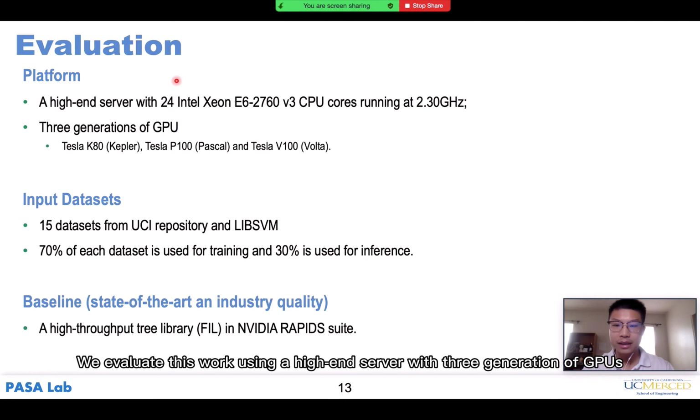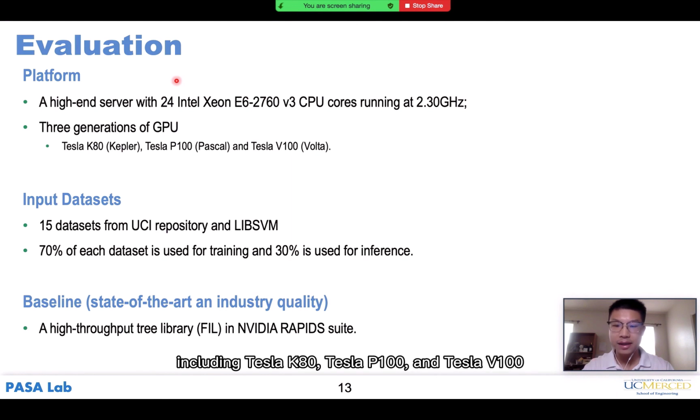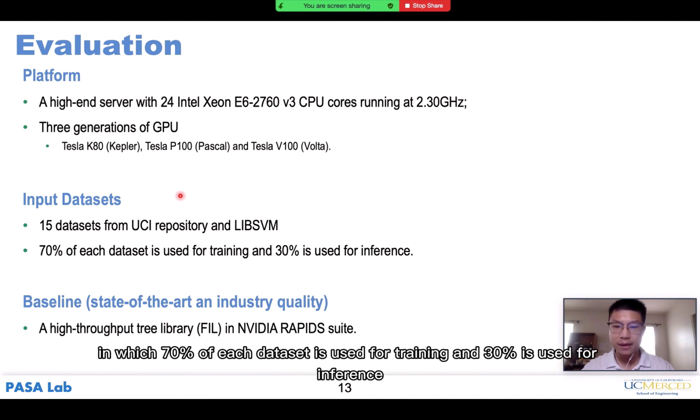We evaluated this work using a high-end server with 3 generations of GPUs, including Tesla K80, Tesla P100, and Tesla V100. The input data includes 50 datasets from UCI and LIBSVM, in which 70% of each dataset is used for training and 30% is used for inference.